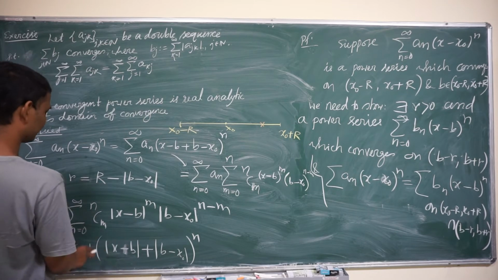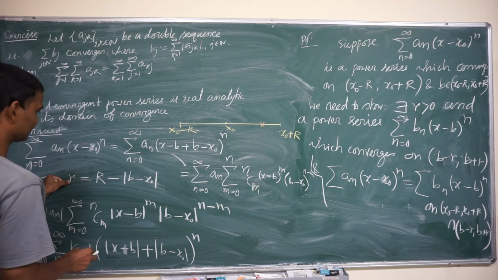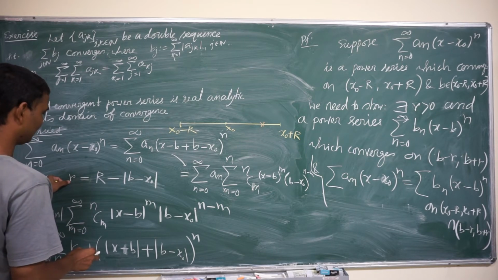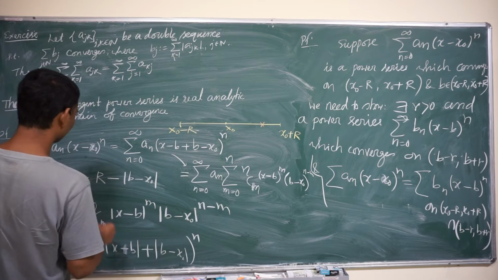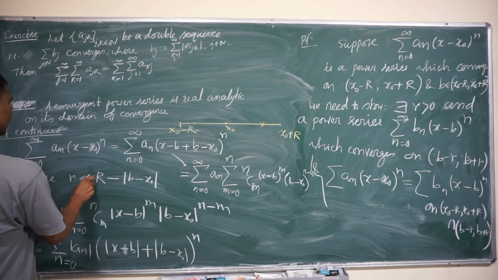So when mod of x minus b is less than r, then the sum is finite. So you take r to be strictly less than this.